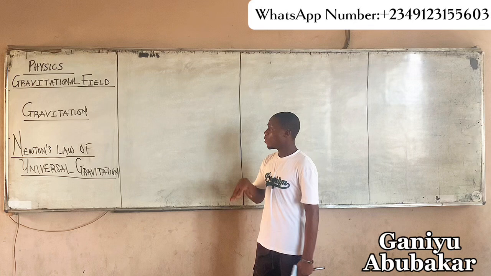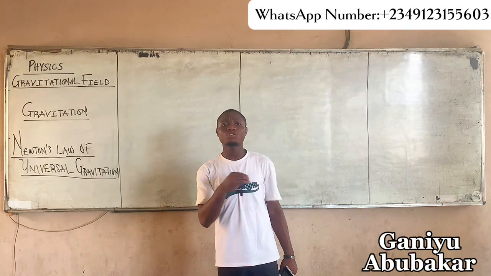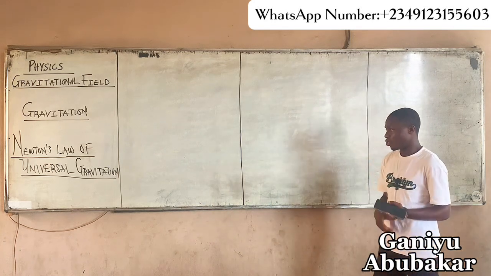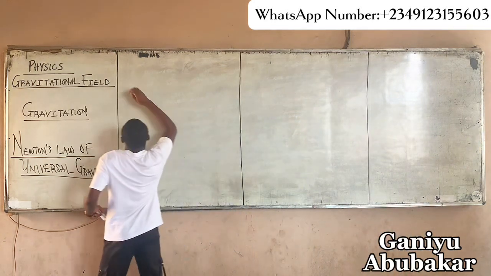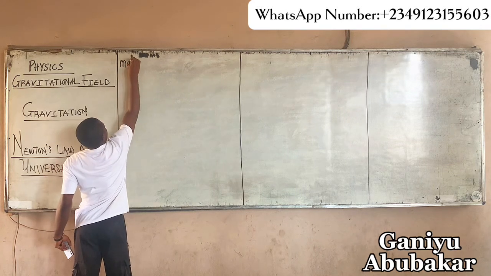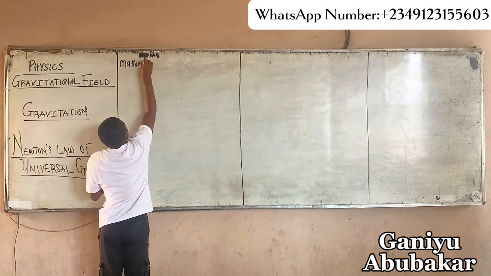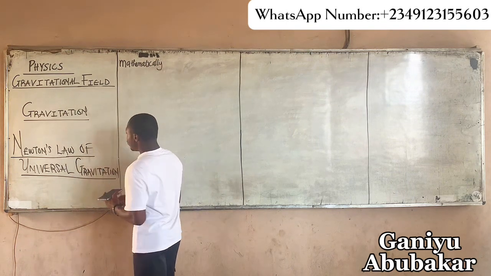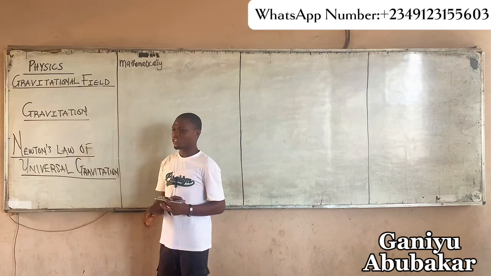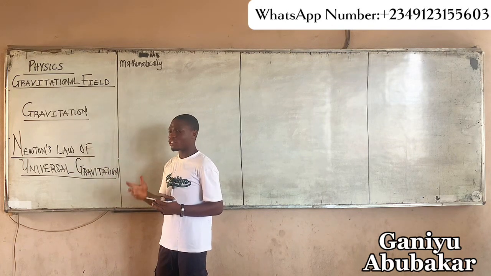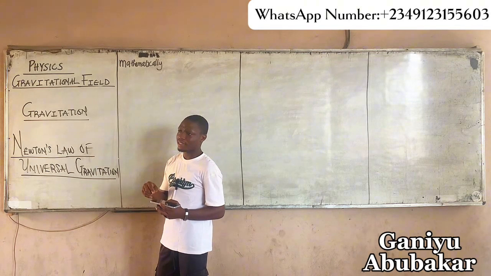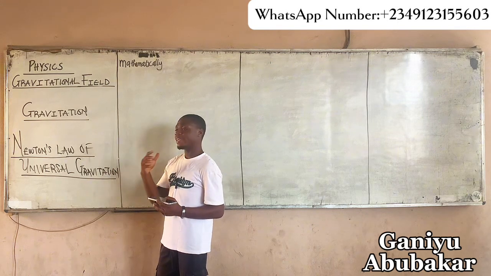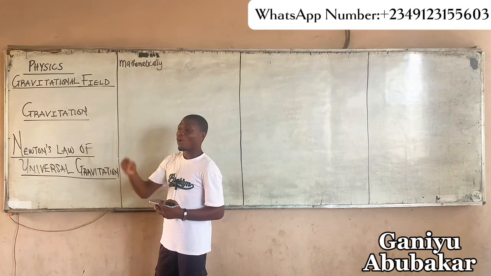At this junction, let's write out the mathematical expression for Newton's law of universal gravitation. Mathematically, we said that the force of attraction between two masses is directly proportional to the product of the masses, and inversely proportional to the square of the distance apart.